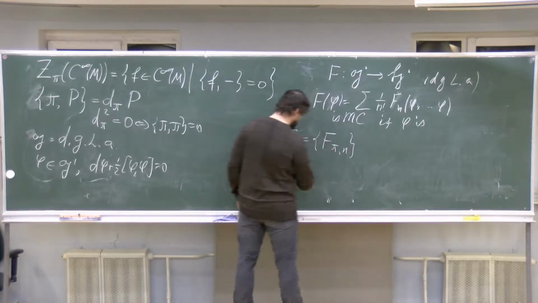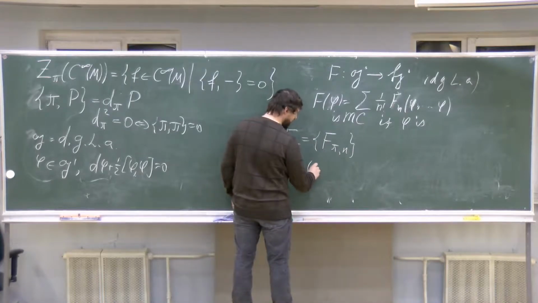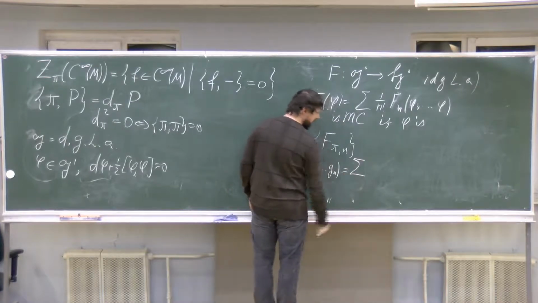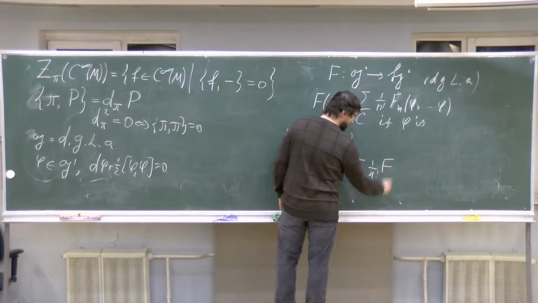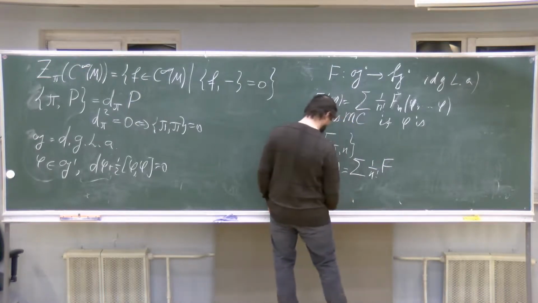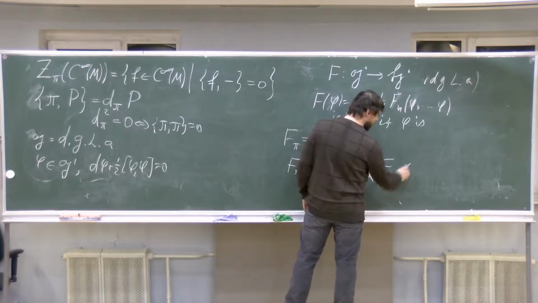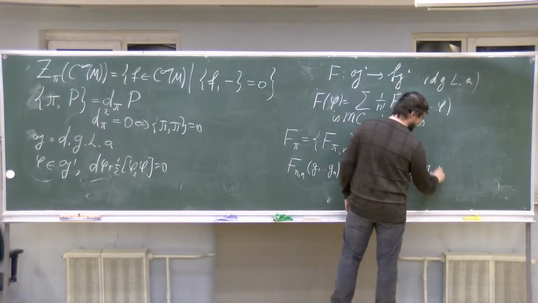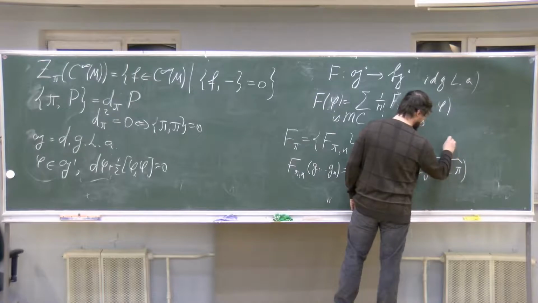But this time, F sub phi, n, applied to g1 through gn will be equal to the sum over k of 1 over k factorial F_(n plus k) of g1, ..., gn, and then phi, phi, k times.